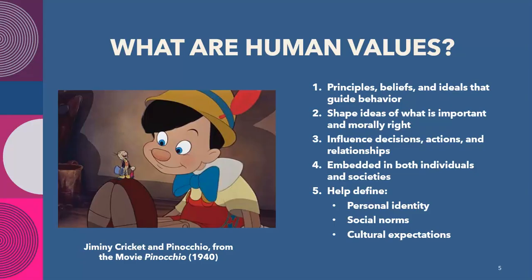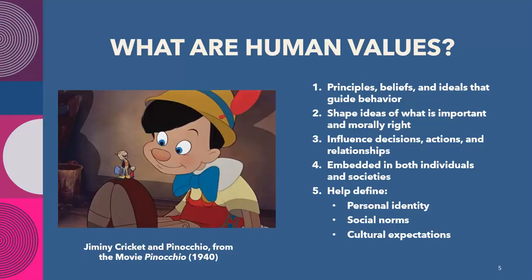Human values are principles, beliefs, and ideals that guide our behavior and shape our perception of what is important, desirable, and morally right. A useful analogy for understanding the role of human values in our lives is the character Jiminy Cricket from the 1940 Disney movie Pinocchio. Jiminy is always telling Pinocchio, quote, always let your conscience be your guide, unquote.